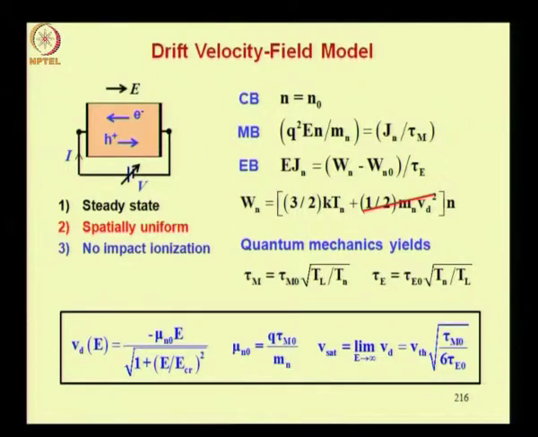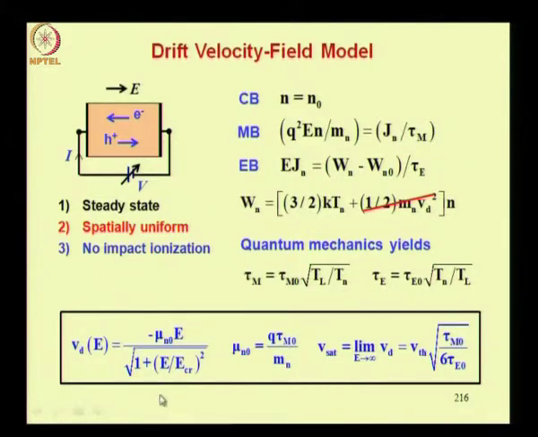Now I leave it as an assignment to you to show, with simple algebraic manipulations with these equations here, that the result follows. In fact you do not have to use the carrier balance equation, this is independent. You basically have to work with these two equations because the Jn enters in both. Really these are two equations to be solved simultaneously, and in this you substitute Wn in terms of Tn from here and also use this formula for tau m and tau e.